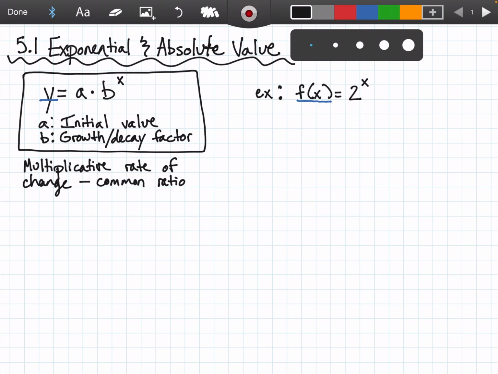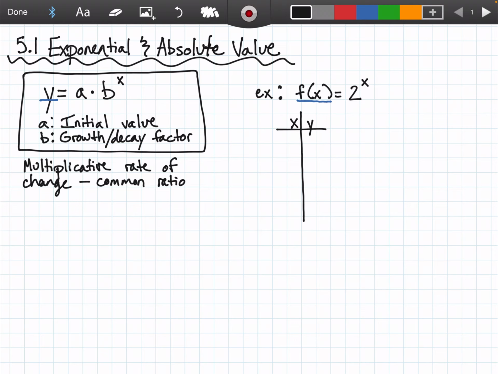And if I was to make myself a little table, I could just plug in my values here. Another way I could write this would be 1 times 2 to the x, which tells me my initial value is 1 and my b is 2.